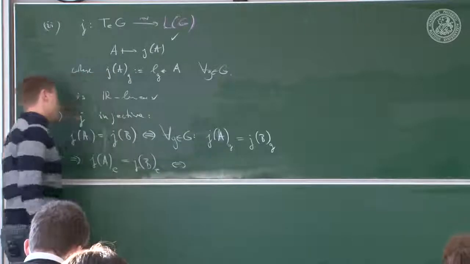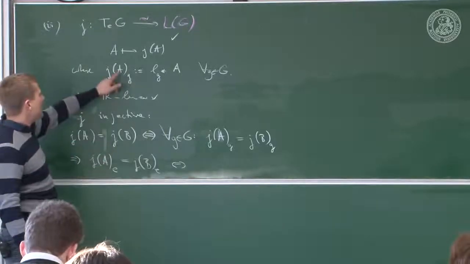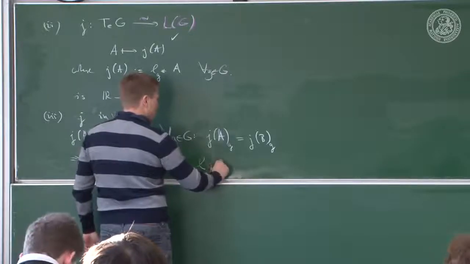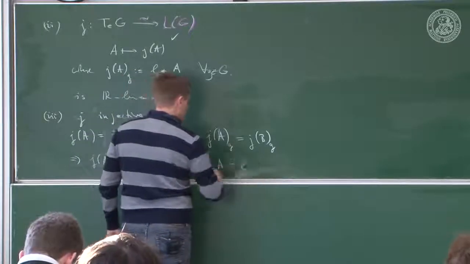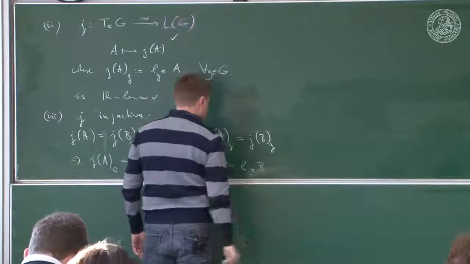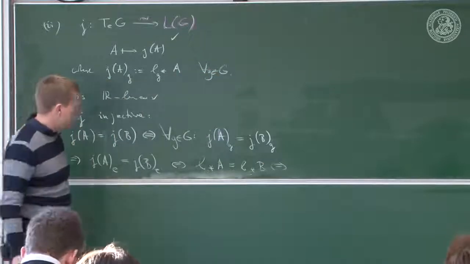Now again, we continue with equivalence arrows. What is J of A at the identity? Well, it's L_E push forward A, and that is supposed to be L_E push forward B. But what is the push forward L_E star A?